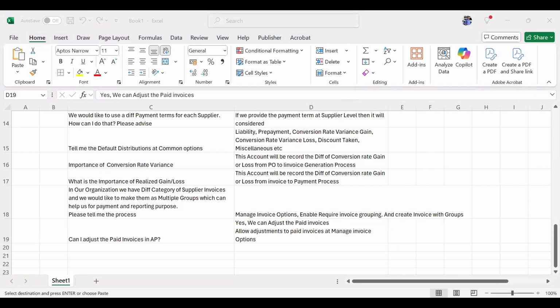There you can see this is the option where you can enable it, allow adjust to paid invoices.